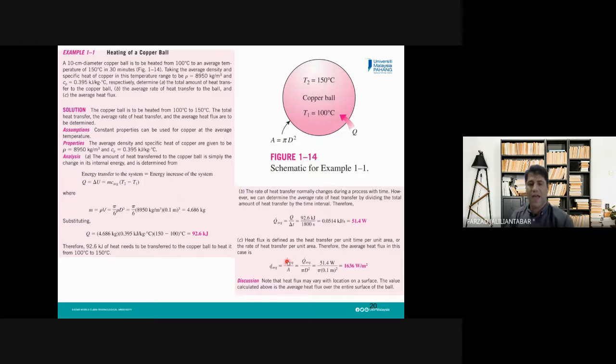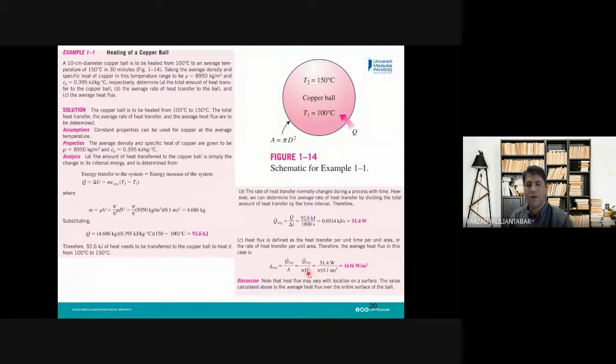So Q dot average, which is the rate of heat transfer, we have calculated, we have here. How about A, or the surface area normal to the heat transfer? You know, heat transfer is always normal to the surface of this sphere. So A, or the surface area of heat transfer, will be equal to the surface area of this sphere. Pi d squared is the equation to calculate the surface area of the sphere.